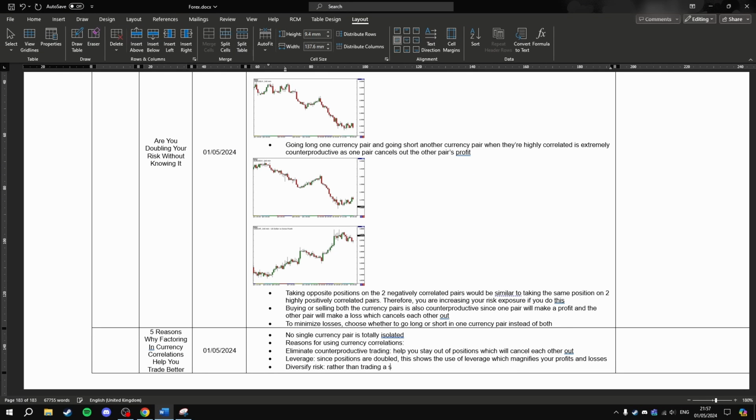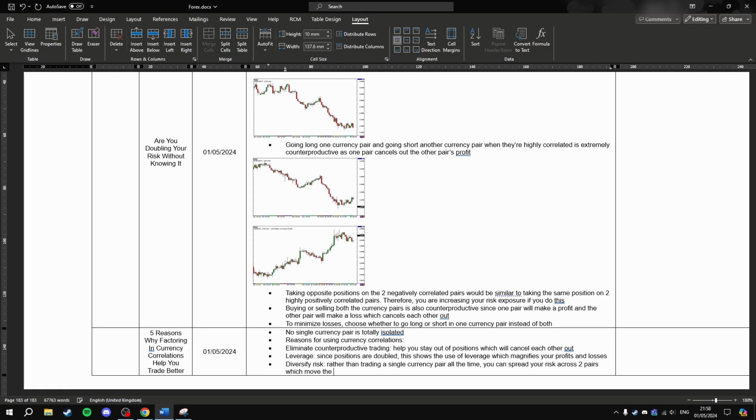So rather than trading a single currency pair all the time, you can spread your risk across two pairs which move the same way.